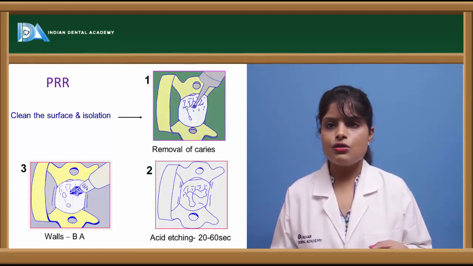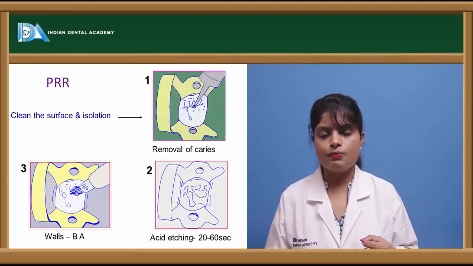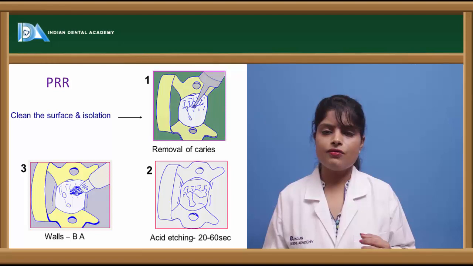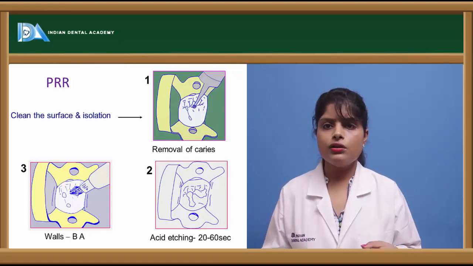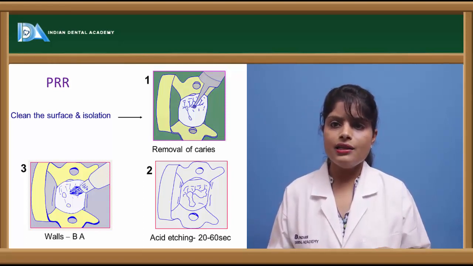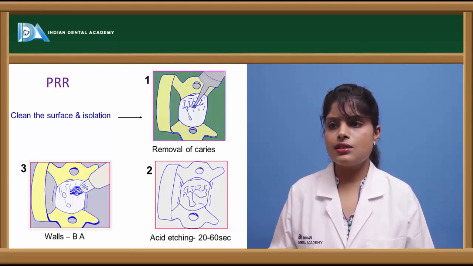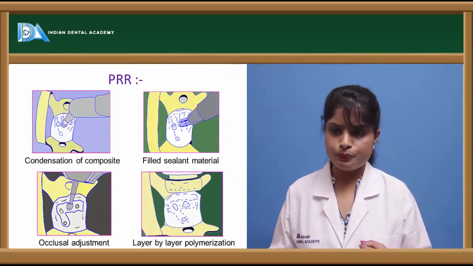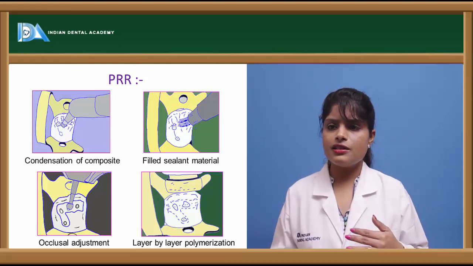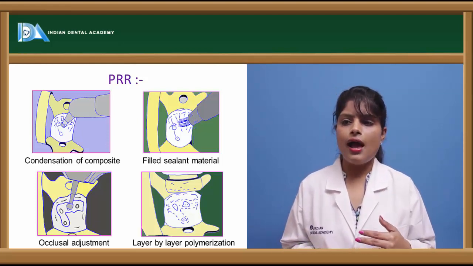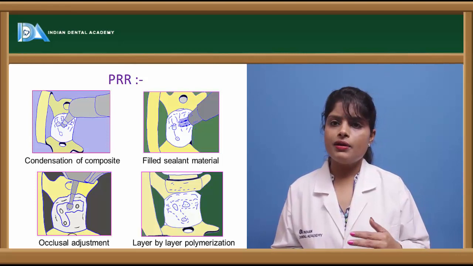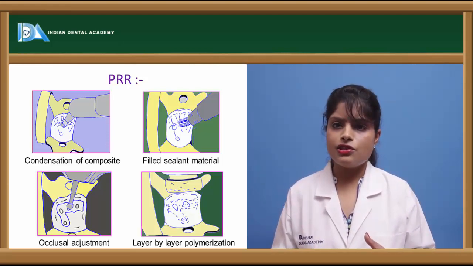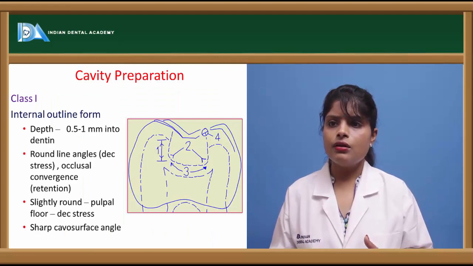Then, by means of etching with phosphoric acid, they are etched for 30 seconds. Then further, they are washed out, then dried, and the preventive resin restoration is applied to these fissures, and finally, it is cured. The occlusal adjustment is done by means of a bur, and layer by layer polymerization of the composite resin is done in the pit and fissure sealant cavity.